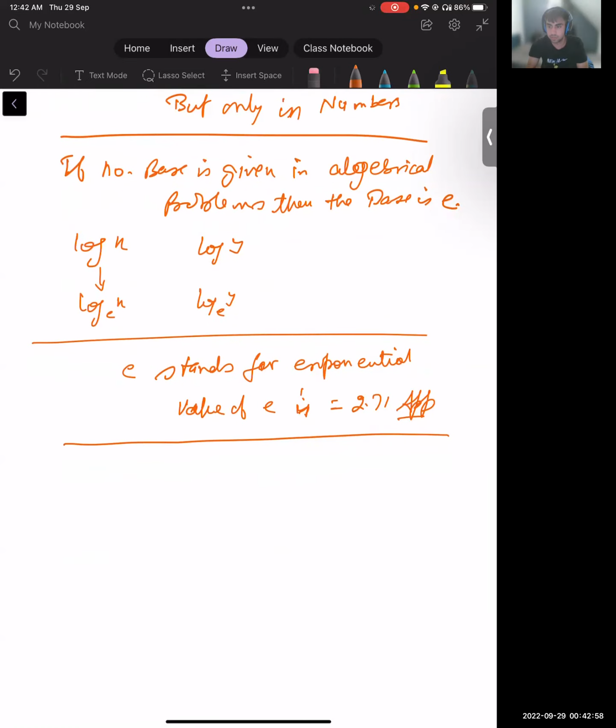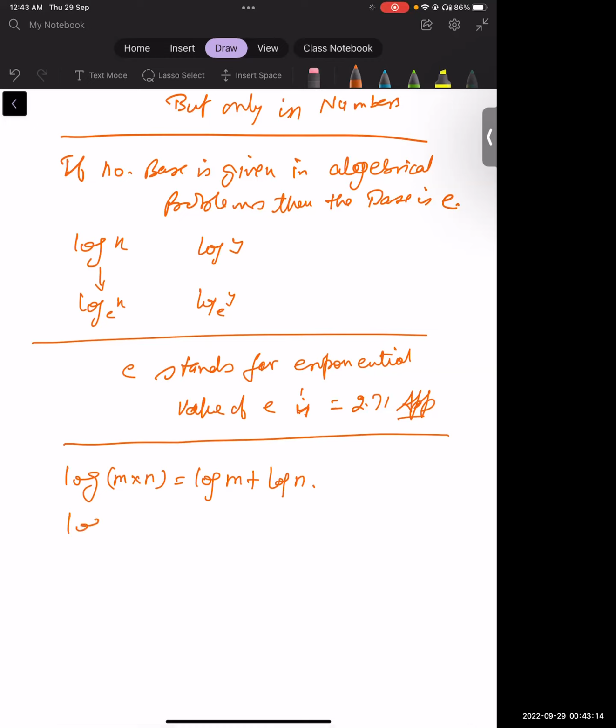Three properties I think you know, that you were telling me. Log m into n is log m plus log n. Another property is log m by n, that is log m minus log n.